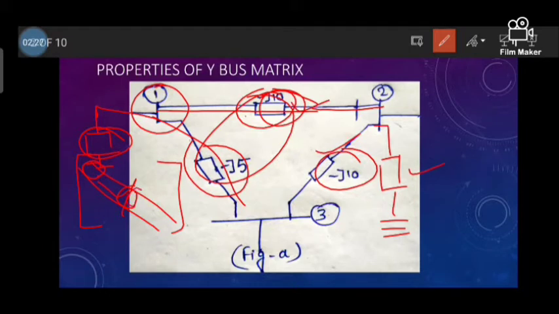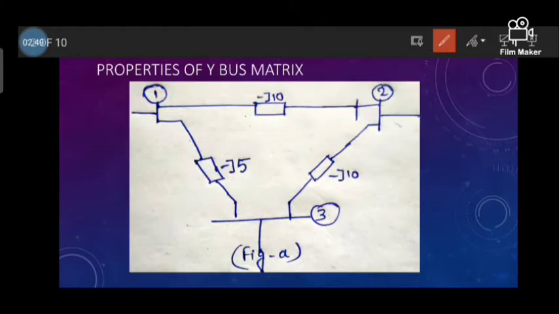So it will form this. And if you find y33, then add that bus plus that bus plus, if there is a line to ground admittance, it will also be added, then it will form this y33. Like that, it is property 1.